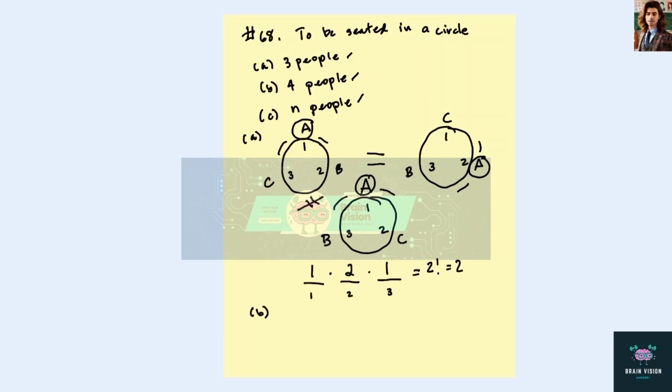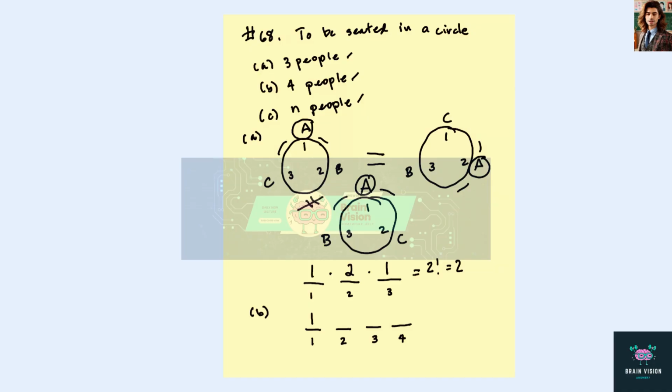Let's look at the next question. Suppose there are 4 people. Okay, let's look at the analysis in this linear fashion. These are seat numbers 1, 2, 3, and 4. We're going to fix the position of one of them. Put that person in seat number 1. Right?